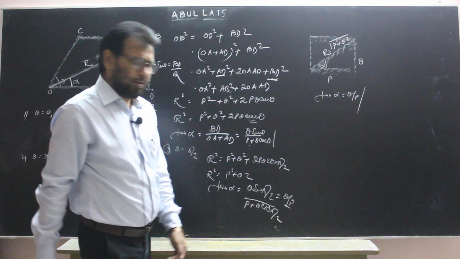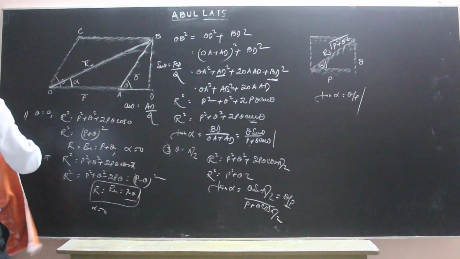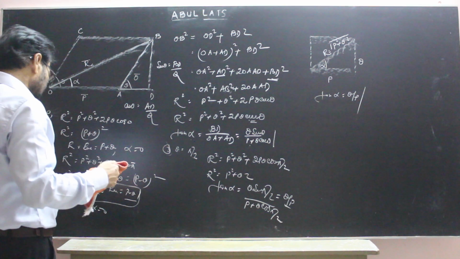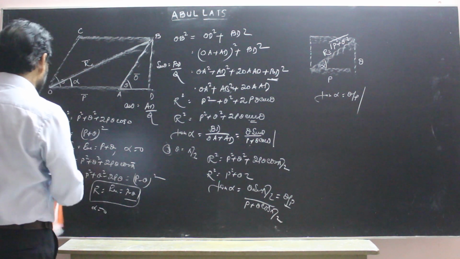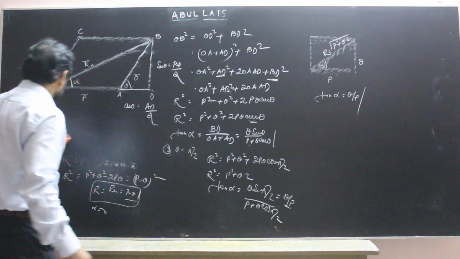So the maximum value of resultant is when the angle between P and Q is 0, and minimum value of resultant is when the angle is, of course, 180 degree.